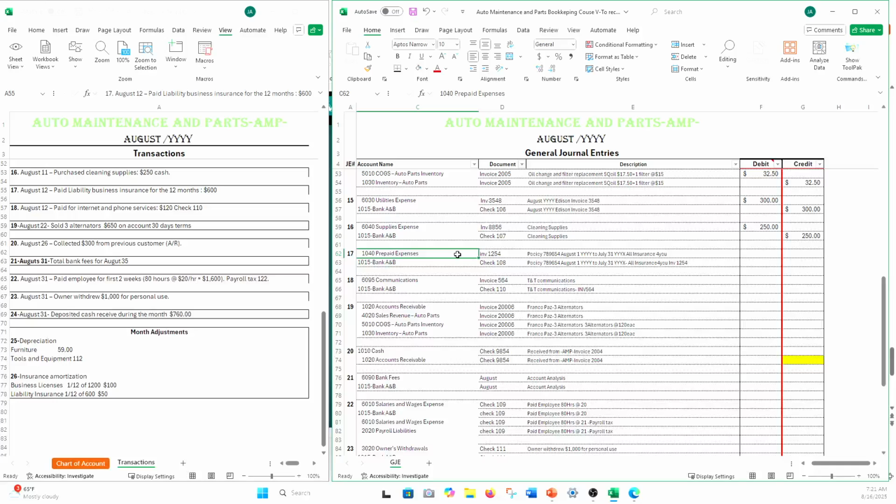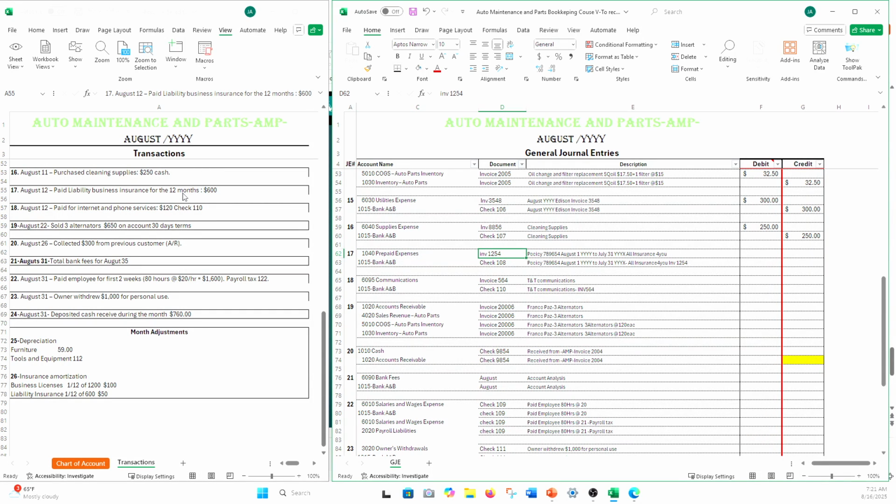Because we pay for 12 months, this is another prepaid expense. We pay ahead of time $600 for 12 months. We are in August, so it's going to cover until July next year.